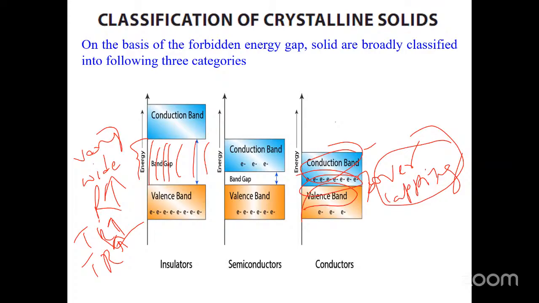So the electrons move freely. At room temperature the resistance is reduced. Whenever the temperature rises, the resistance increases. Temperature rises means whenever such fluctuations take place, more voltage comes out, a maximum voltage.